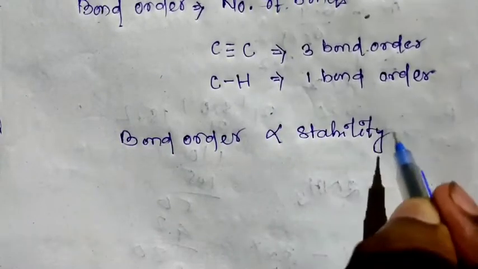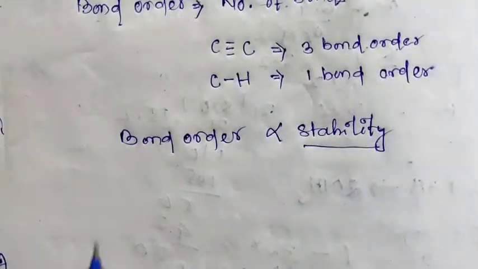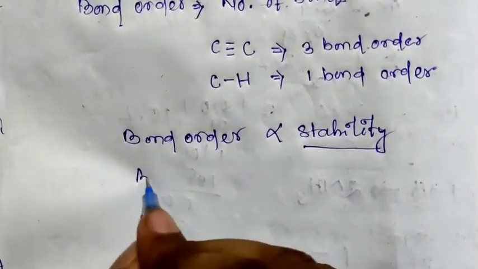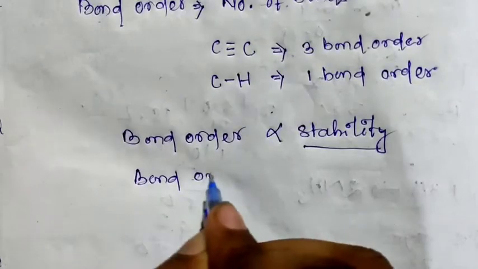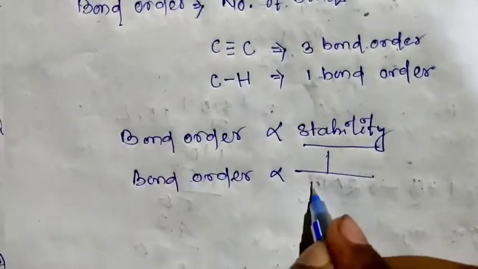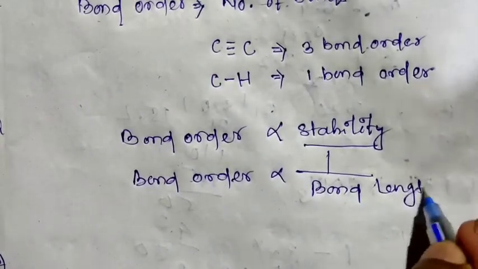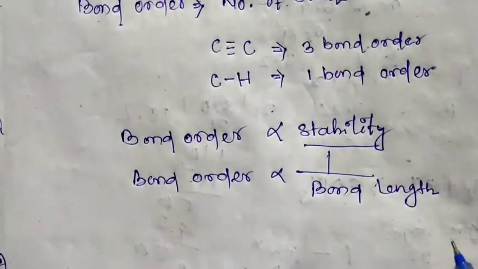So if we find bond order, then we can predict the stability of that molecule. Similarly, bond order is inversely proportional to bond length.